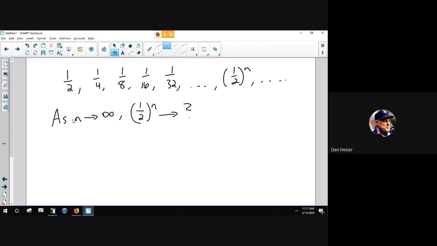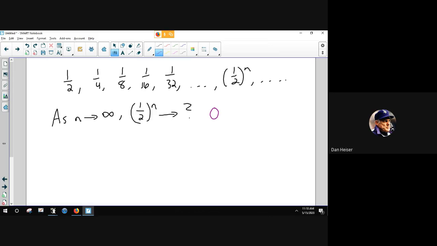We can see that when n equals 1, 2, 3, 4, 5, as n continues to grow, 1/2 to the n power is going to approach 0, because we will get 1 over really, really big, which ends up being a really small number. 1 divided by 3 trillion.